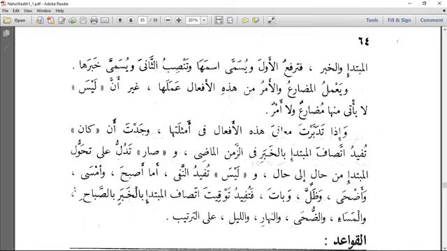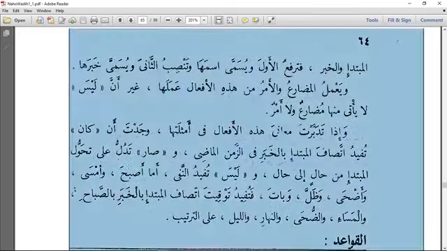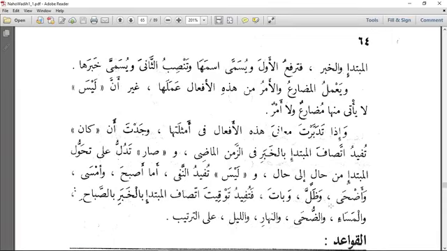So asbaha, amsa, adha, dholla, and bata denote the time of the description of the mubtada with the khabar: in the morning, in the evening, in the time of duha, in the afternoon, and the night, respectively.